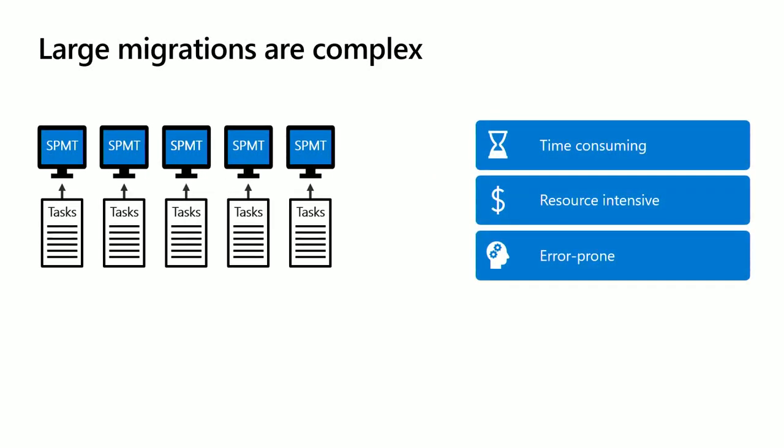But we admit, this process is fraught with challenges. Imagine having to manually split your file and upload individually. It's time-consuming. And you need resources to manage this distributed migration across multiple machines. And finally, the whole process is complex and error-prone.